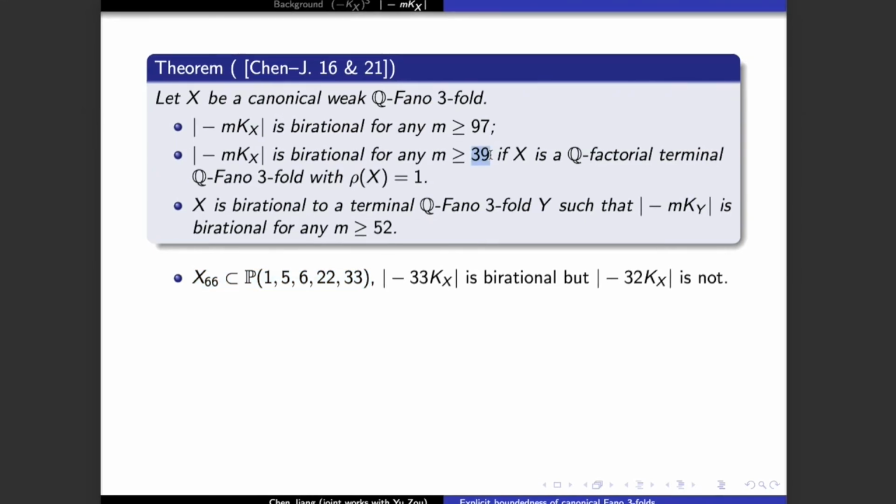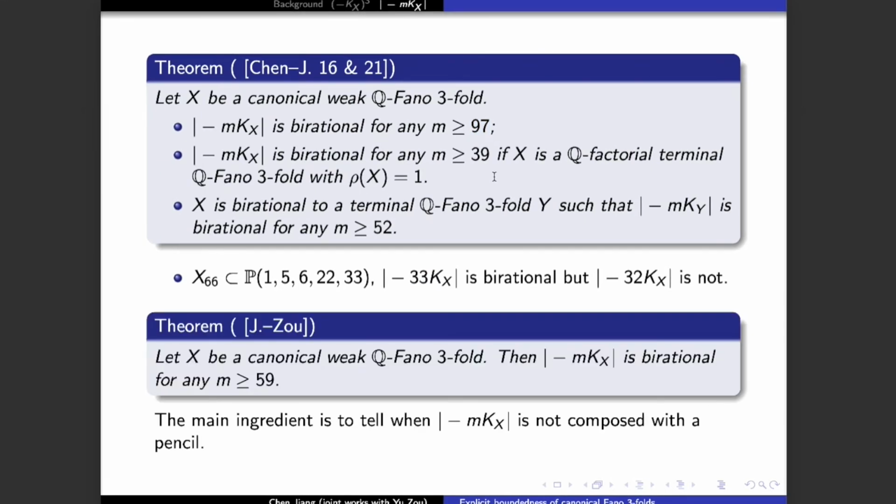Okay, so in some sense, that also shows that the second result with 39 is not so bad, right? It is quite close to our conjectural bound. But this 97 is too far from it. Okay. So then this year, again with Yu Zou, we improved my result with Chen.